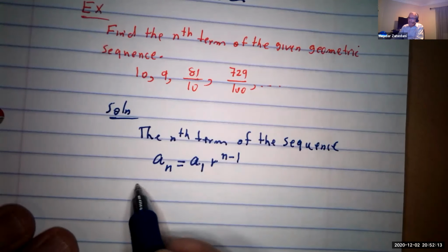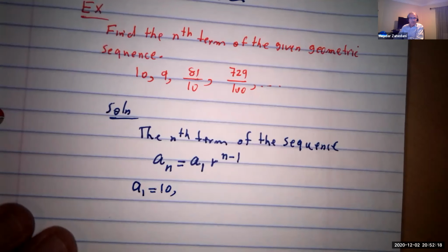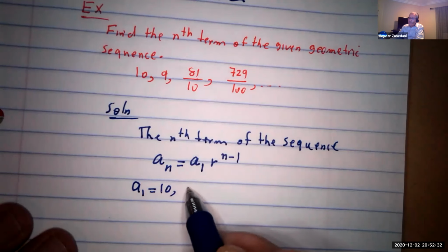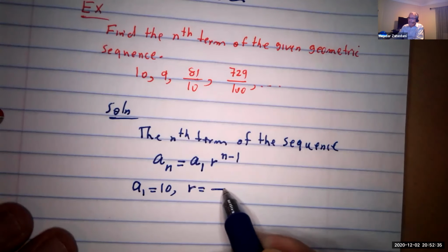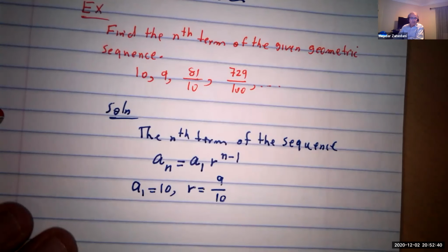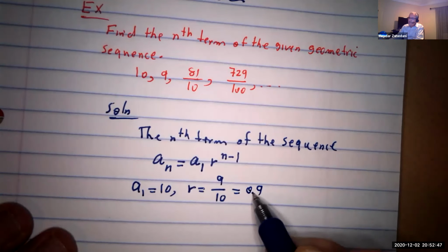So a1 is the first term, which is equal to 10. r is the common ratio. You have to find it. Since they tell you that it is a geometric sequence, you divide two consecutive terms, the second by the first one, to get the r. So your r is equal to, you divide the 9 by 10, and that gives you 0.9. 0.9 is your common ratio.